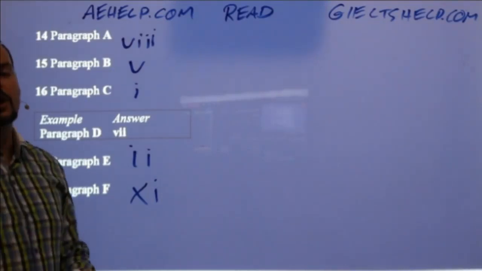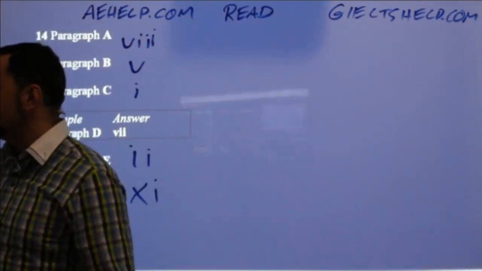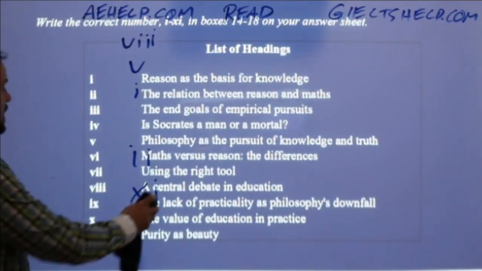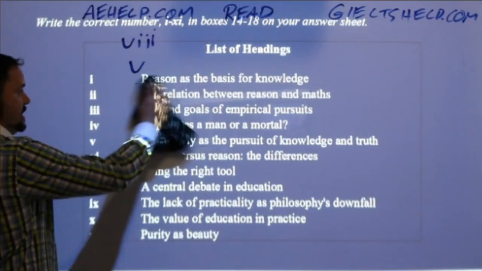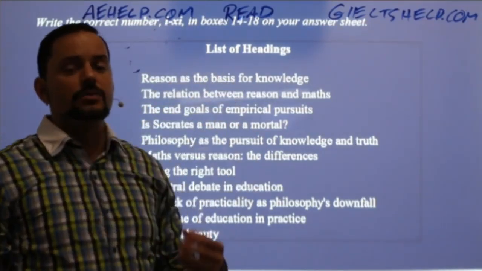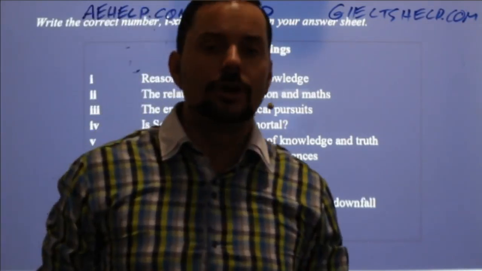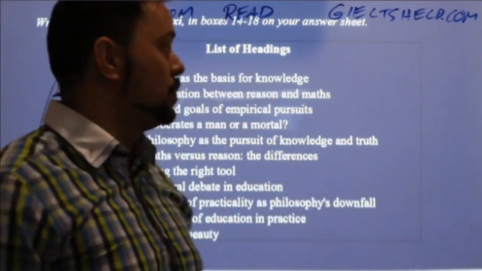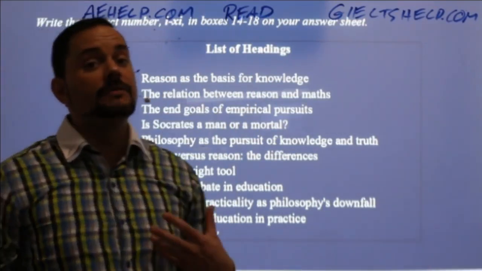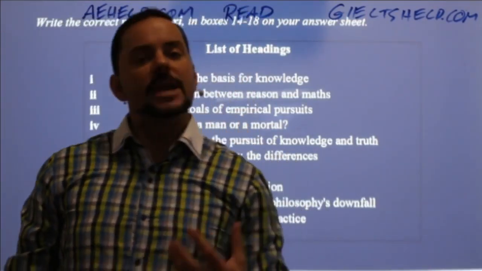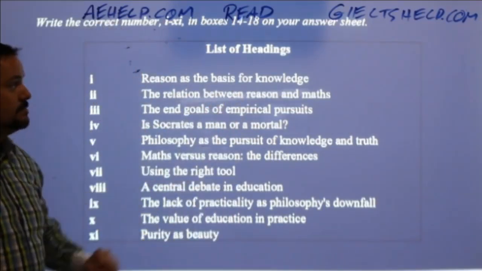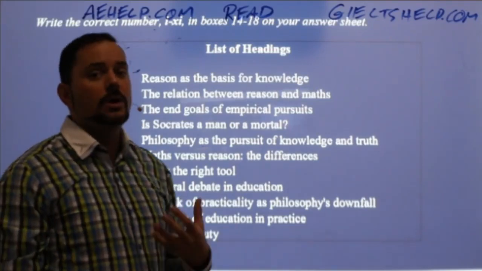Okay? So just to review, list of headings. How do you get high band scores? Let's review the facts. Firstly, list of headings: make sure you review these questions before you read the passage. That's why they give you these before the passage. When you review these questions, make sure to paraphrase these words as much as possible at home before the exam.